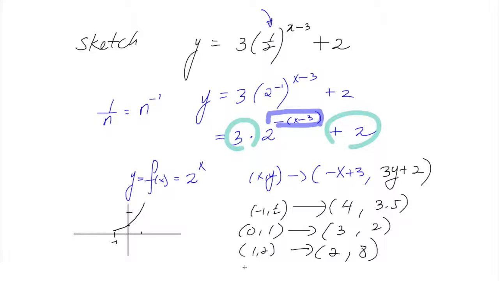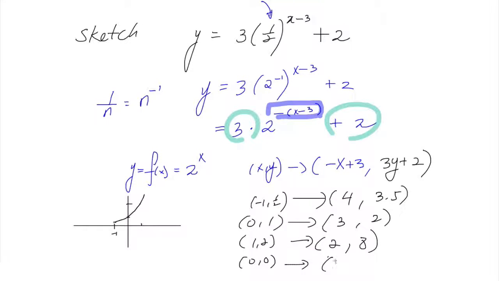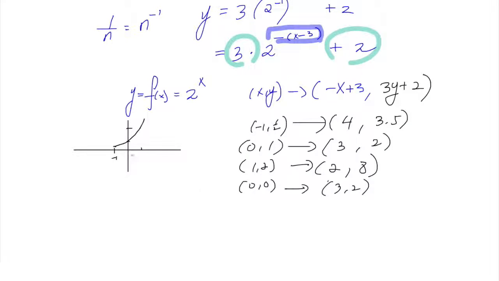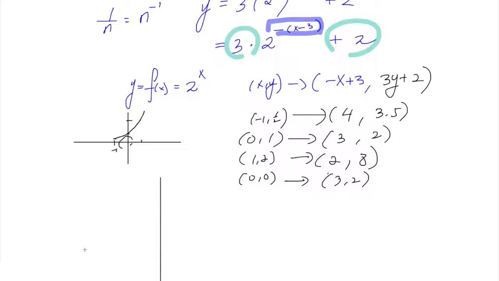Also, it's very useful to transform (0, 0), which will be located at (3, 2), even though it's not part of the graph, because it tells you where the center, where the new origin, will be. Okay, so let's plot these now. 3, 2.